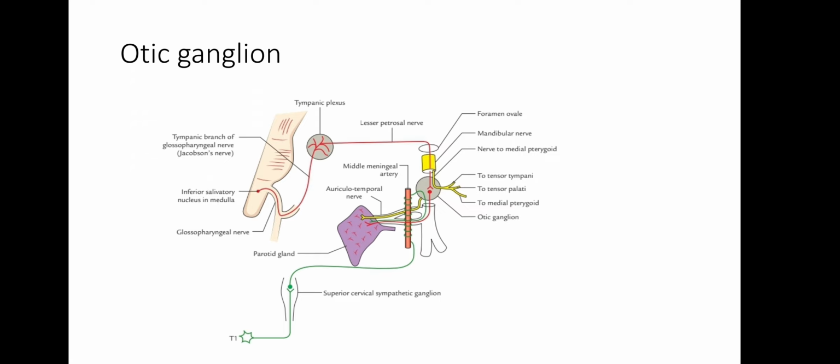Then the postganglionic nerve fibers again travel via the auriculotemporal nerve to the parotid. So anyway, the postganglionic nerve fiber is going to be the auriculotemporal nerve, which is a branch of the mandibular nerve. So we have come to the answer to this question.